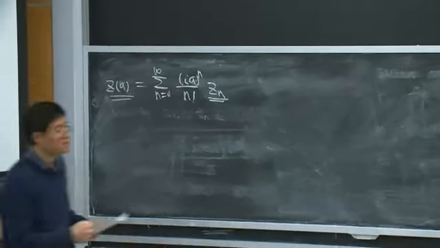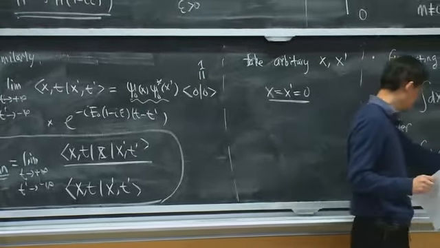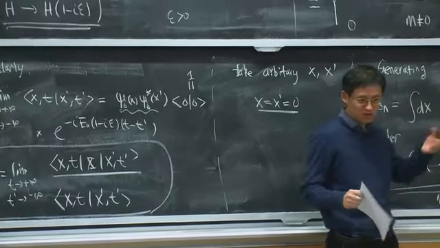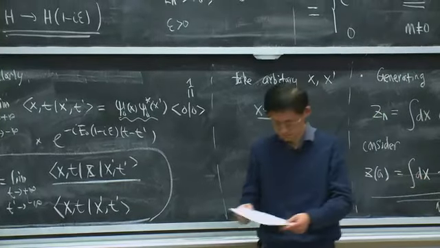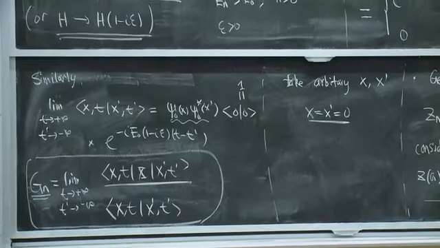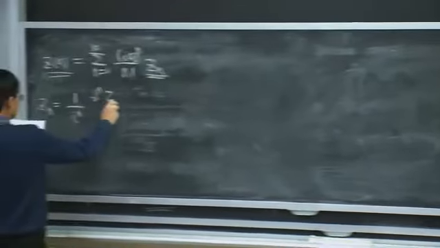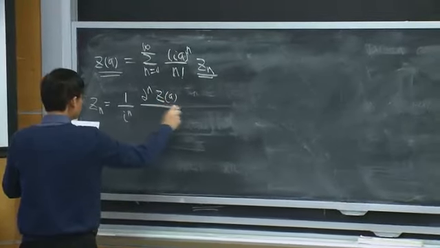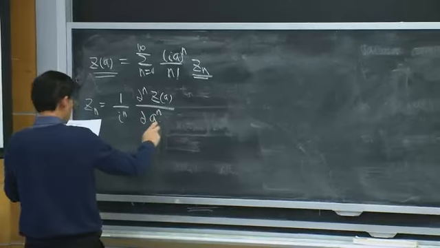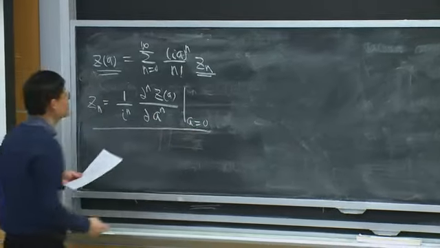If you compute Z(A) in one shot, then each Z_n you can get just by Taylor series. Sometimes we also write Z_n as i to the power minus n times the nth derivative of Z(A) with respect to A, and then you set A equal to 0. So this is the same thing.